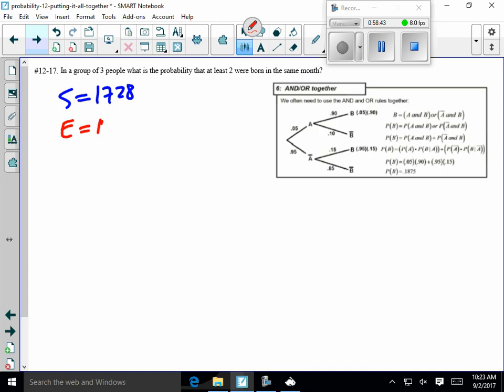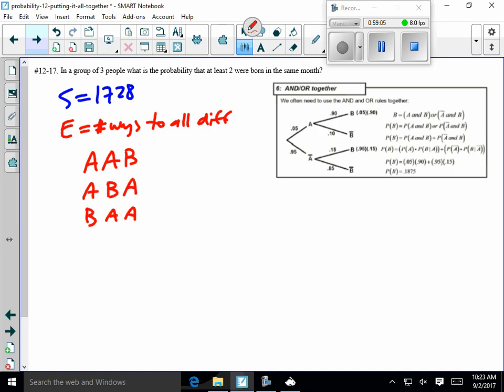Another way to count the number of ways to have all different birth months is we could consider, well, could the first two people be the same and the third one different? That would be one way, right? Or it could be that the middle person is the different one or the one on the end, right? Or you could have, oh wait, I'm sorry, we're finding the probability.